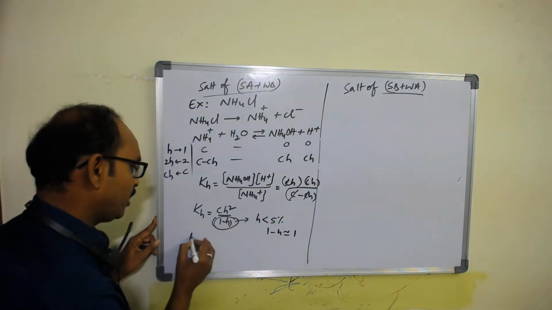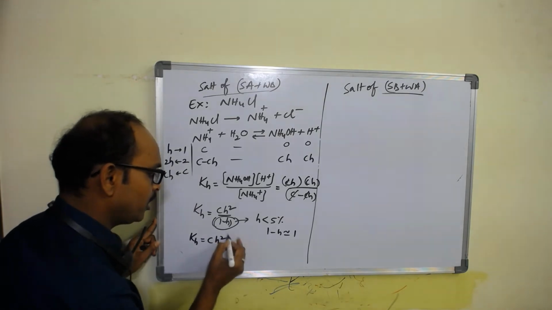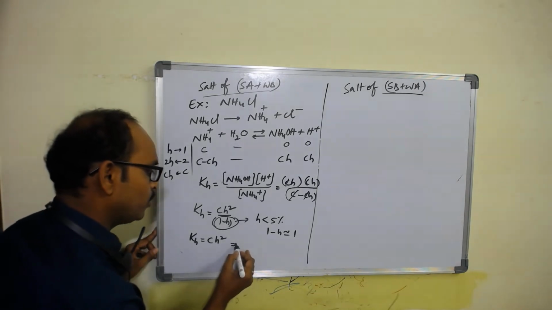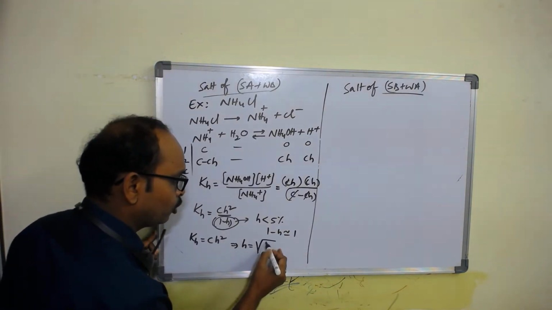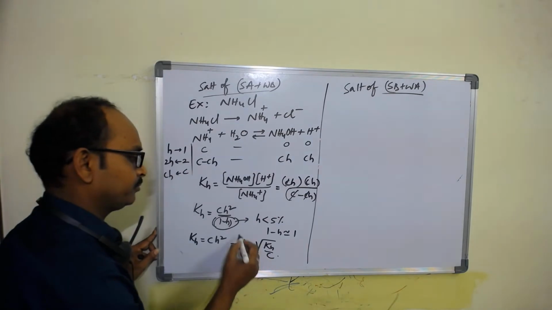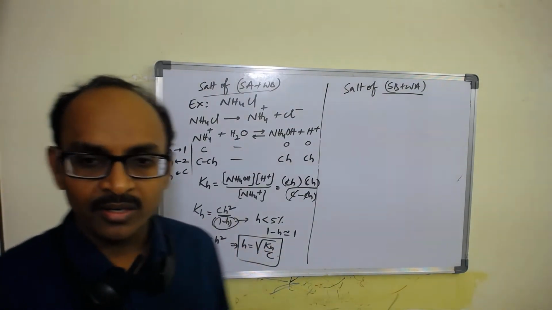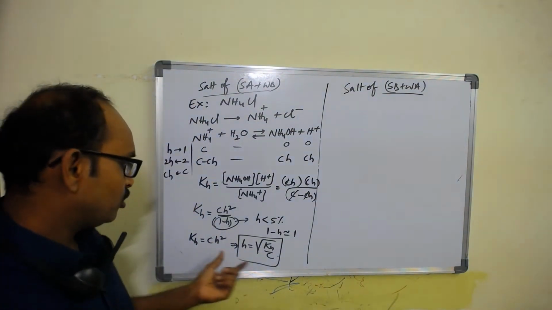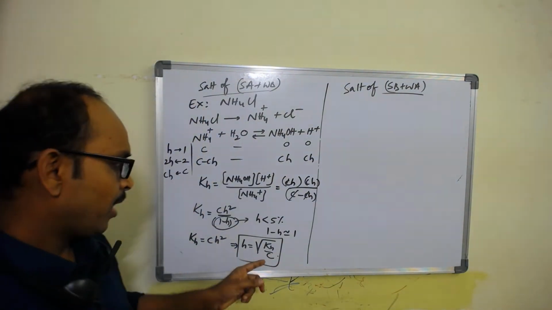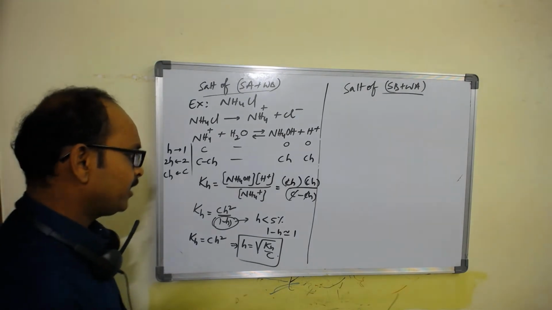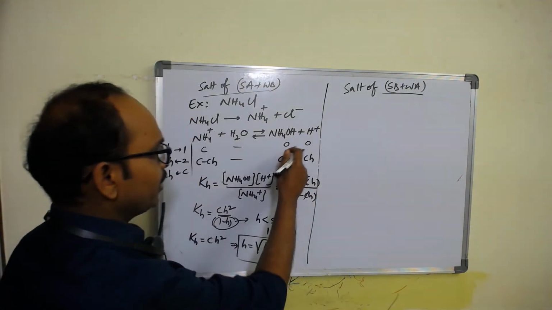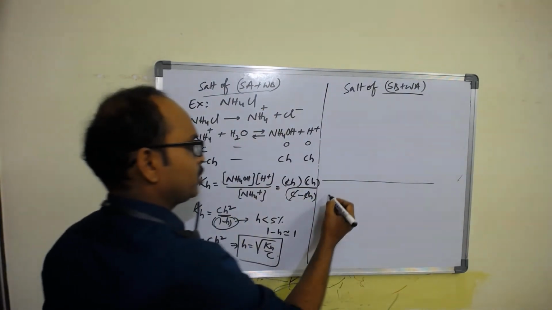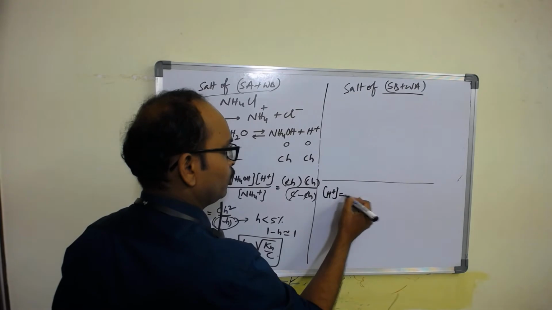Then Kh will come equal to Ch square, and the h value is equal to square root of Kh by C. So h is equal to square root of Kh by C. And if I take the H plus concentration, I'll be taking some space from here. So H plus concentration is equal to Ch, no?